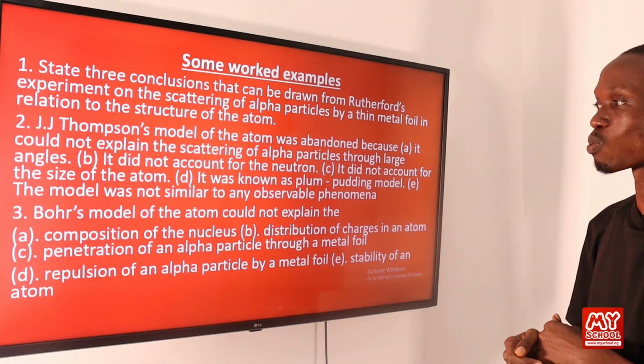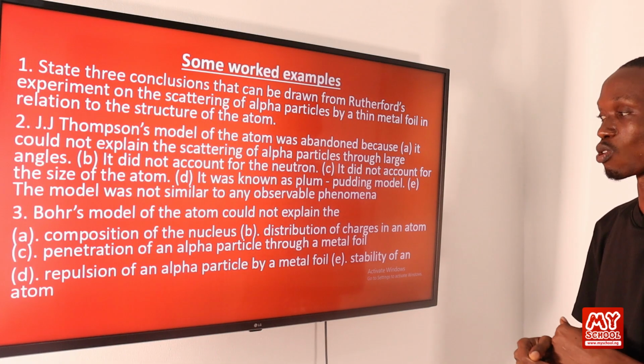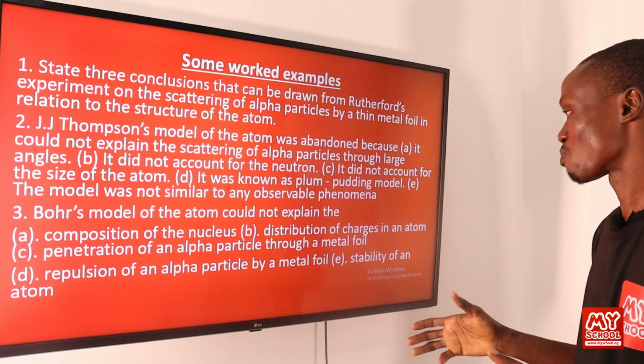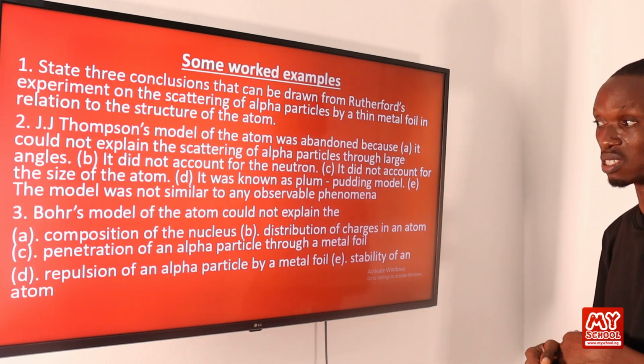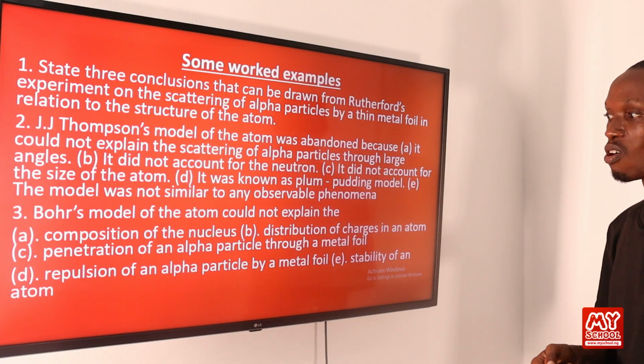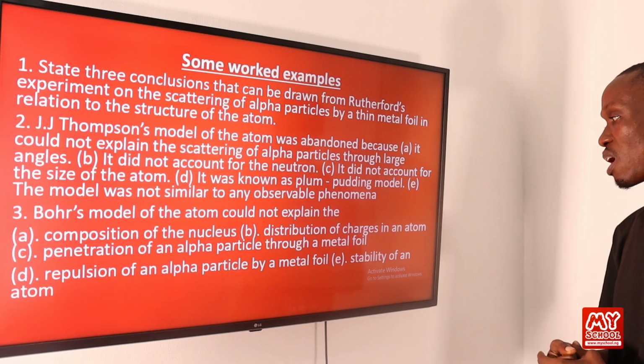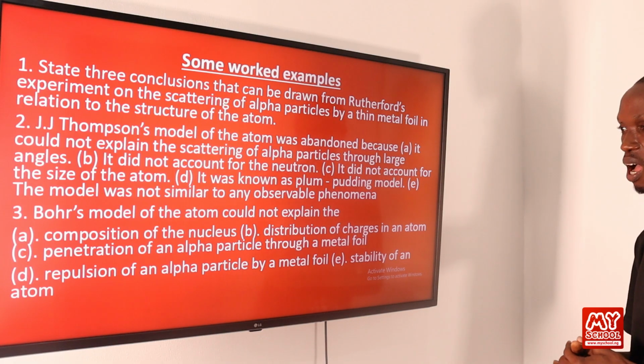So number 3, Bohr's model of the atom could not explain the A, composition of the nucleus, B, distribution of charges in an atom, C, penetration of an alpha particle through a metal foil, D, repulsion of an alpha particle by a metal foil, and E, stability of an atom.